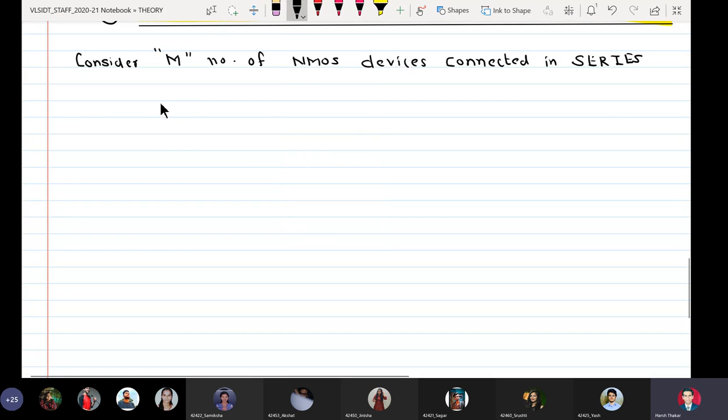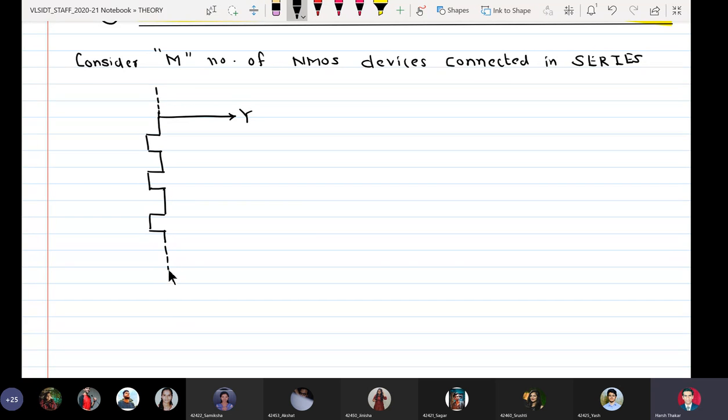Here we are going to draw the lower half of the CMOS network, wherein we have the pull-up network coming from above, and then we have my output node Y. There are M number of NMOS devices which are connected in series.